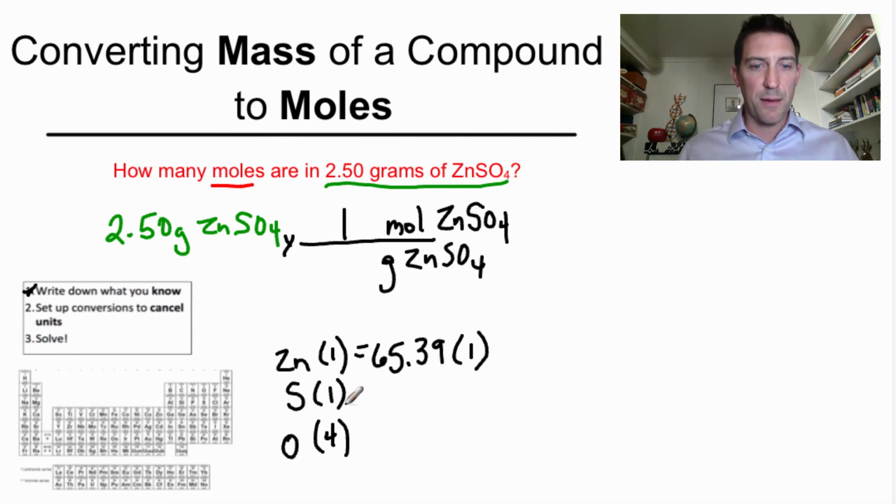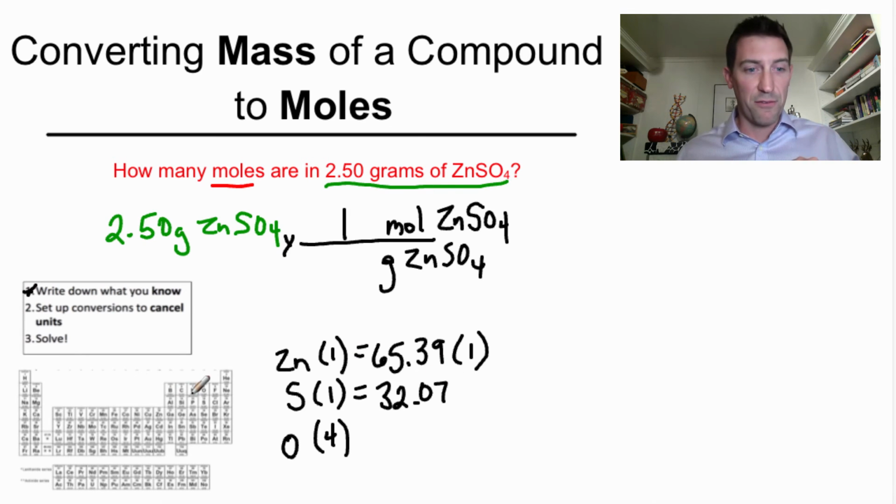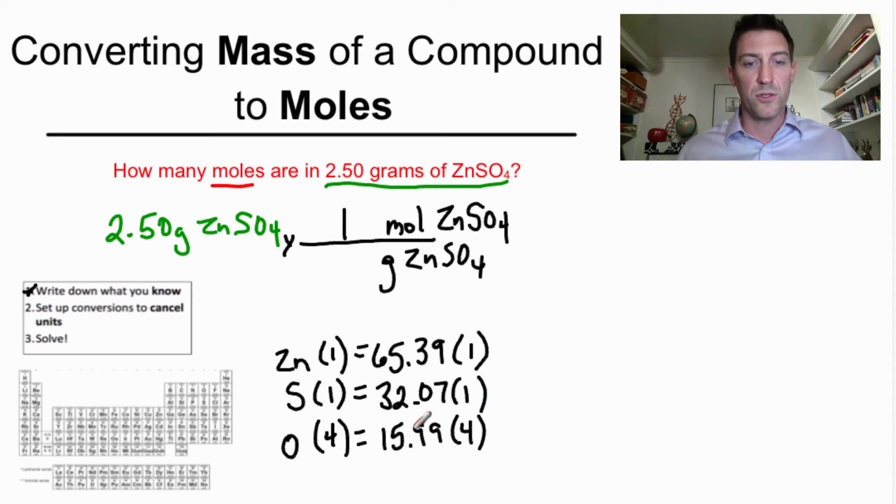I'm going to times that by 1. Again, I know that complicates things, but I'm just trying to keep everything consistent. Sulfur's mass is 32.07. I'm getting these right off of the periodic table for the mass of each one of these elements. There's 1 of those. And then I've got oxygen, 15.99. That's the one I use. You can use 16.00. I use the 15.99 for reasons that we'll get to way on down the road.